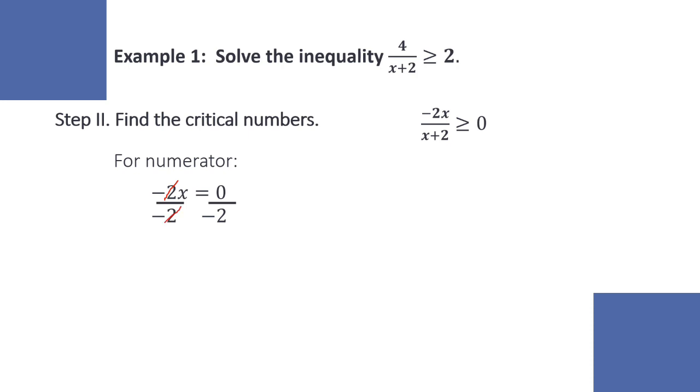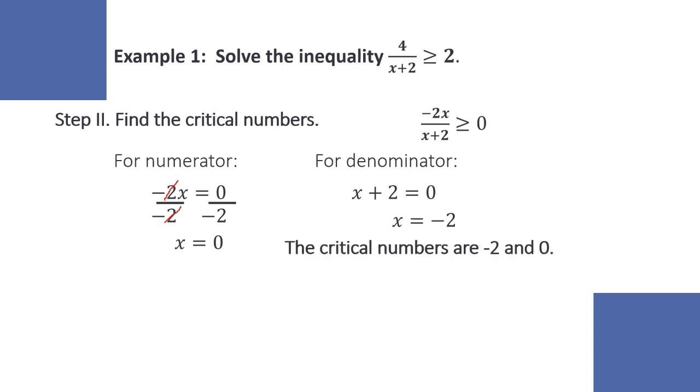So 0 divided by negative 2 is, yes, x is equal to 0. For the denominator, our denominator here is x plus 2. Equate it to 0, so x plus 2 is equal to 0. Therefore x is equal to negative 2. So the critical numbers are negative 2 and 0.